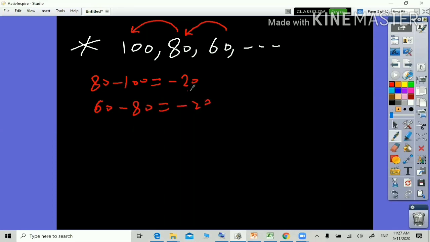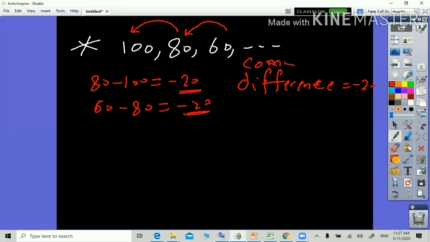Each time I have negative 20, so our common difference equals negative 20. By the way, we call it d. So we have d equals negative 20.